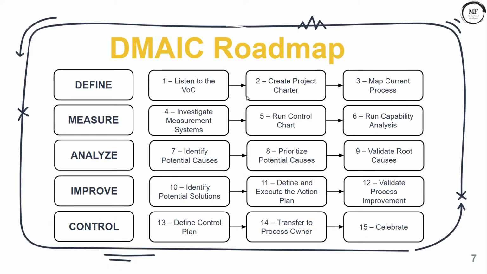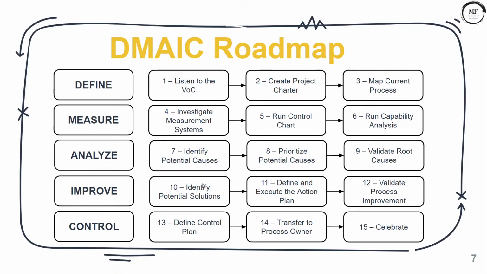Wonderful. And then for each step, I will be breaking down into smaller pieces. So let's listen to the voice of the customer. Let's create a project charter. Let's map the current process in terms of the measure phase. We'll be talking about measurement system analysis, how to check stability, capability. Then root cause analysis. First of all, we need to talk about potential causes. Then let's prioritize potential causes and validate with data, with statistics.